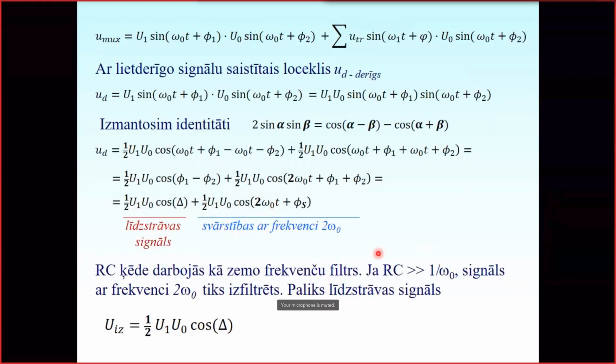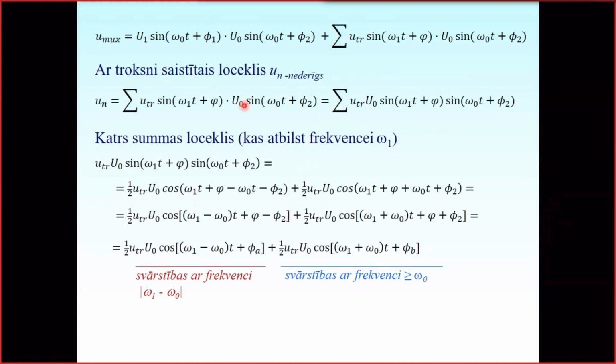Of course, I have to select the RC constant of my RC filter high enough to be able to cut out this double frequency and let only the DC through. Actually, I'm interested only in the DC component, so my time constant may be quite high.